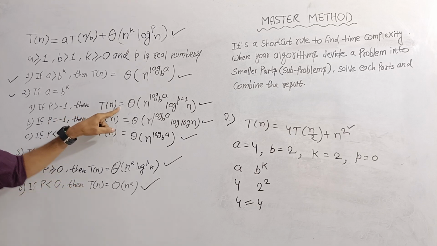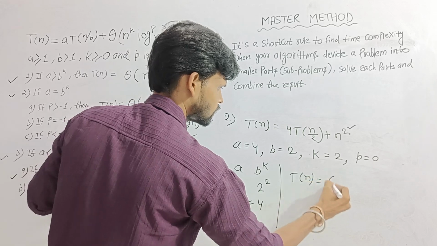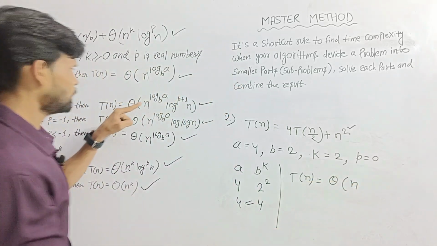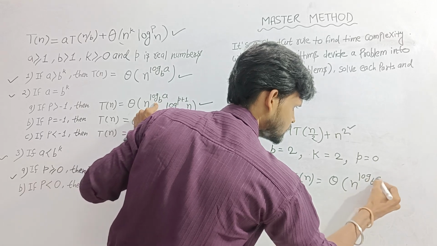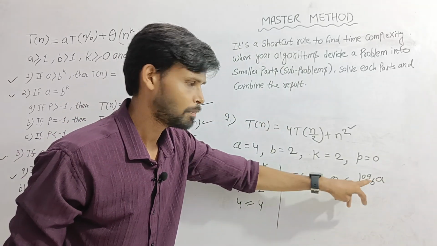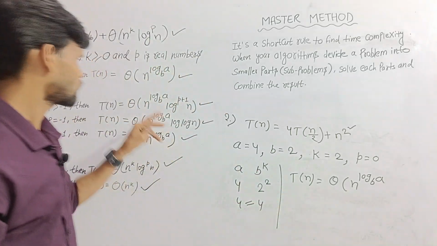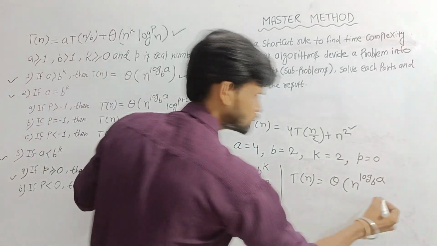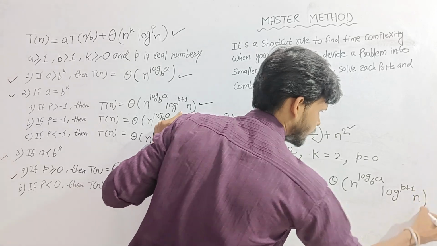Then you will take T of n equal to theta of n power log base b a, and log power p plus 1 n.